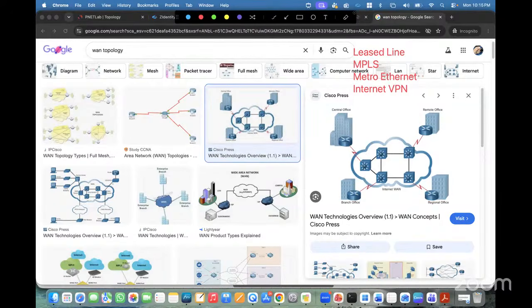WAN infrastructure is still the backbone of any enterprise networking. And what is enterprise networking? It means your company networking, with multiple offices that want to communicate with each other, so they have to build an enterprise network. Home networking is just communication within a home.